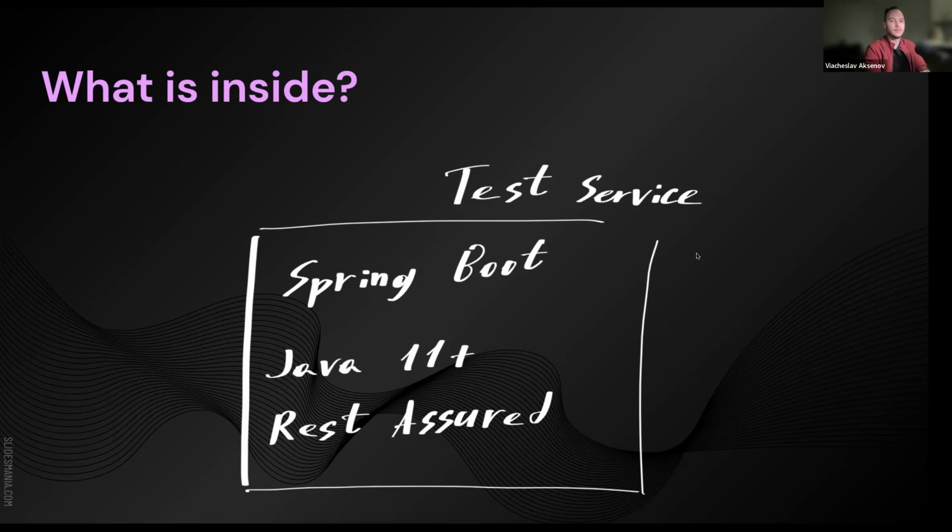Also, the fact that we have singled out the service for testing into a separate entity gives us the opportunity to build any structure for describing tests. We can build any abstractions. It allowed us to create templates for each step with which we described the test, and it simplified the structure of the tests.